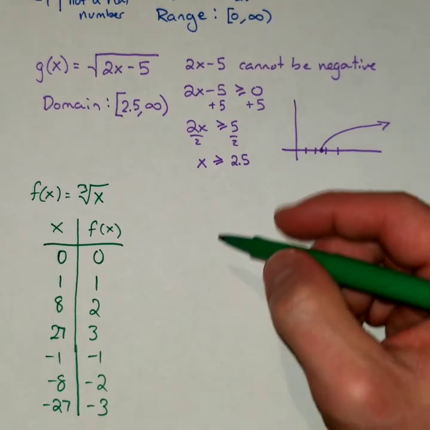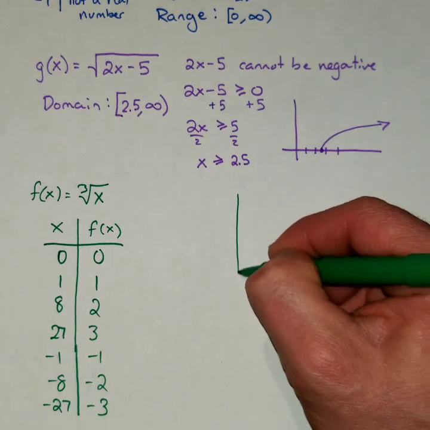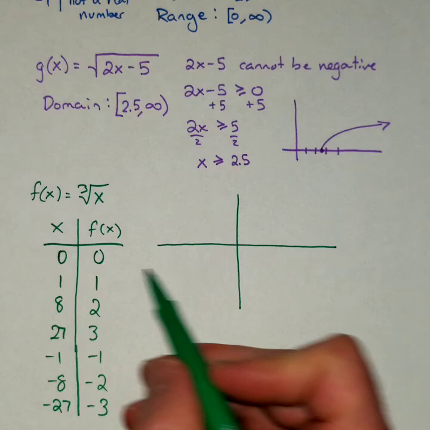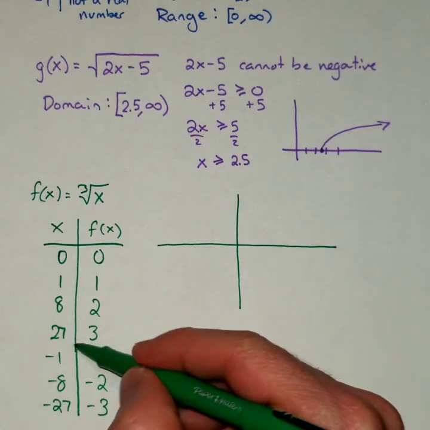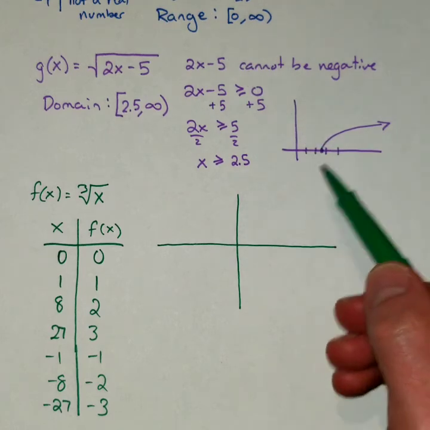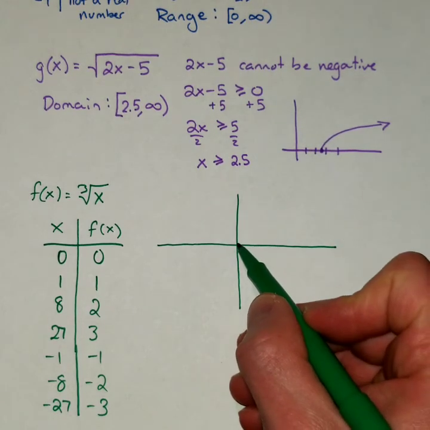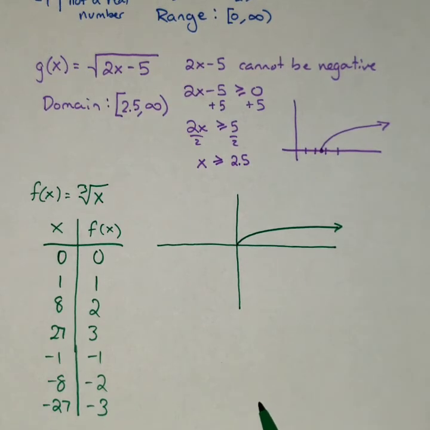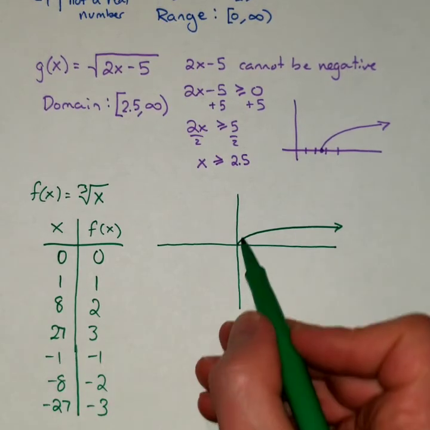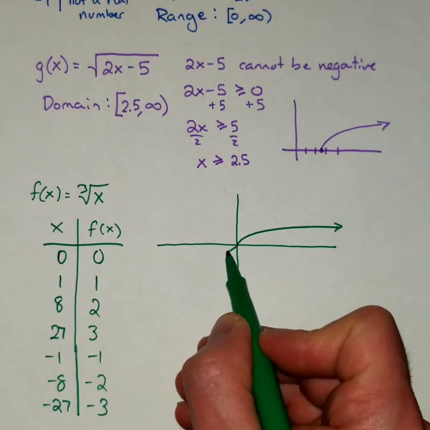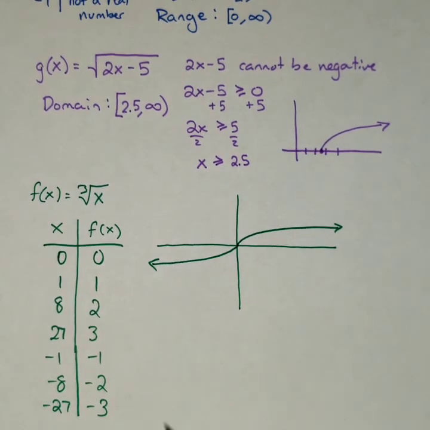All right, so when we draw the graph, and I won't go through all the details of plotting the specific points, but what's going to happen is on the right-hand side, the positive values are going to have a similar curved shape to the square root. It's actually going to be a little bit stretched out, but similar. And on the negative side, you're going to have a mirror image down here underneath. Okay?